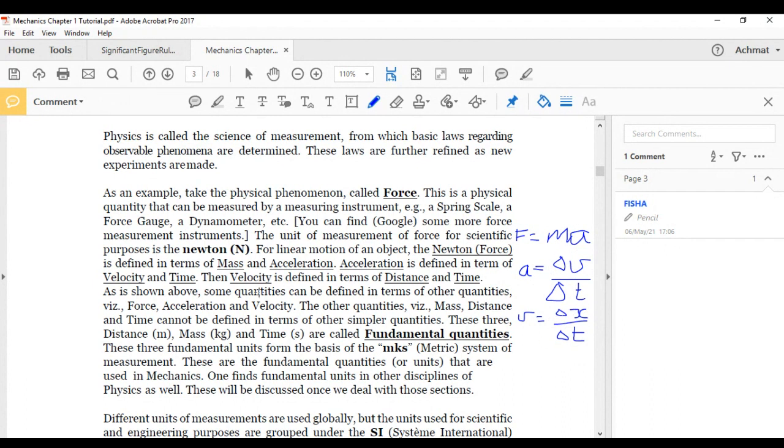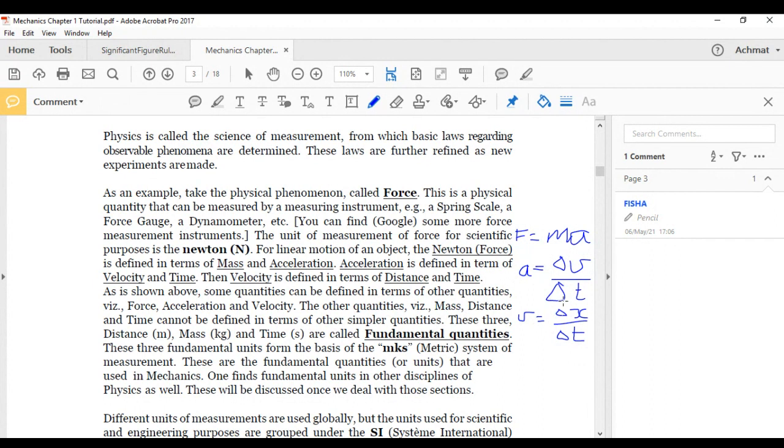Now, what I want to point out to you here is that some of these quantities can be defined in terms of simpler quantities, but there are some quantities like mass, distance, and time that you cannot define in simpler quantities.